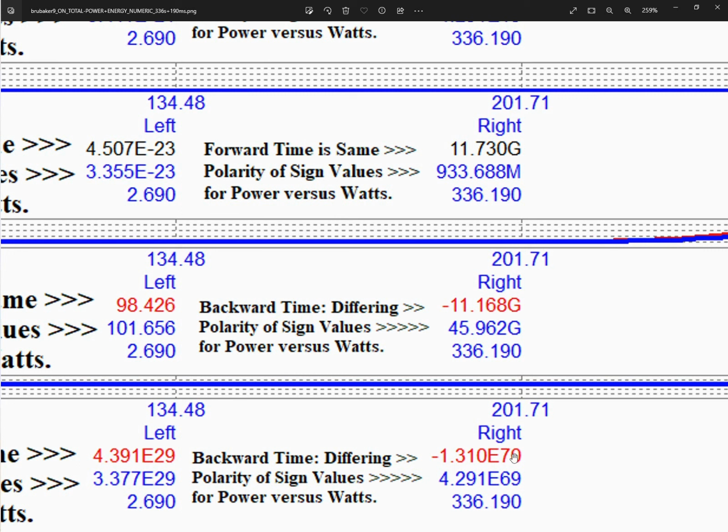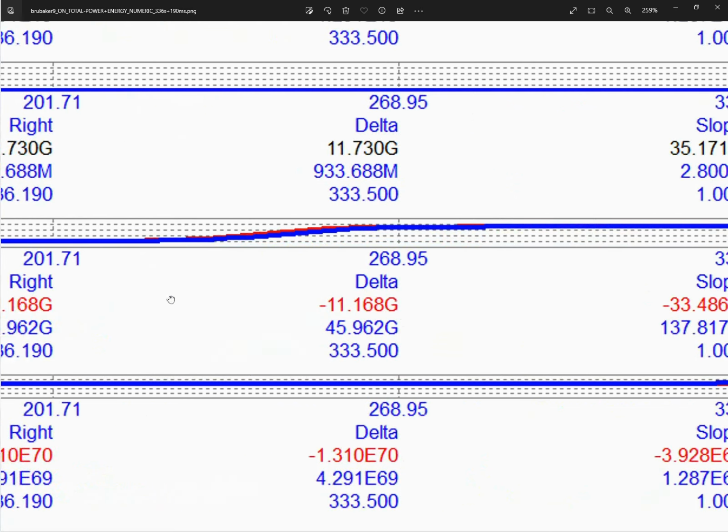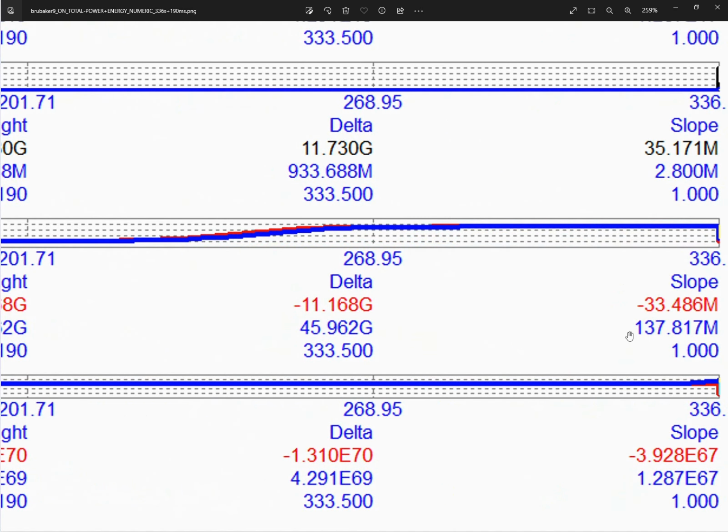So the power is still generating power, but it's not generating energy, which means the time factor is going backwards. And likewise here, the energy is positive but the power is negative, and so the time factor must be negative. It's going backwards in time. And here we see it rises up.